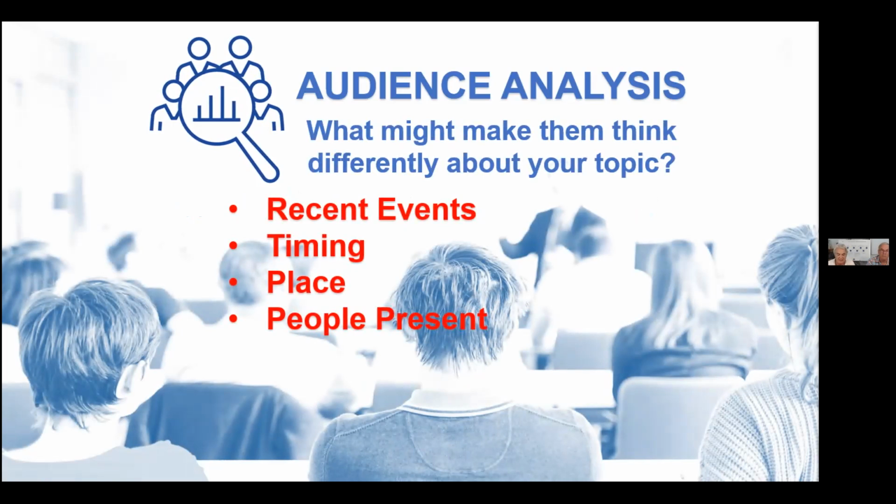Is there some relevance to the place where I'm going to be delivering this presentation? Can I make some reference to people who might be present in the audience? This helps you to be able to not only meet the requirements of this particular task, but also gives you much more confidence that your presentation will be relevant and interesting to your audience.